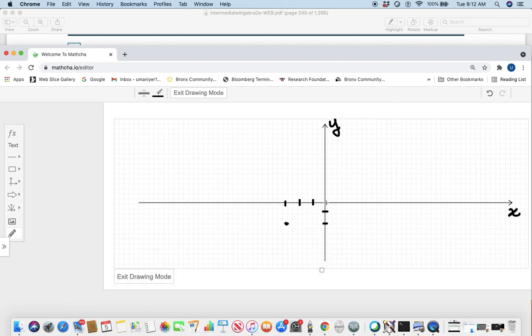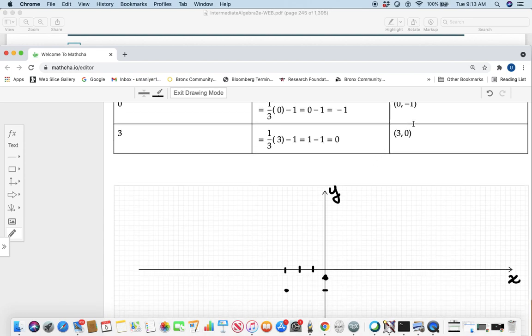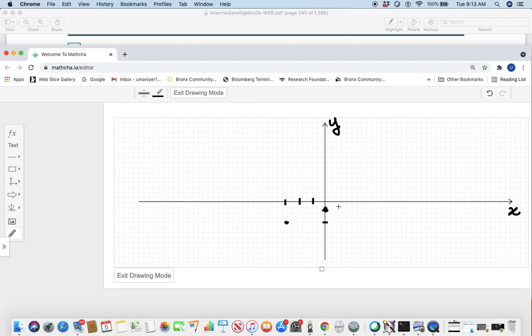So x coordinate is 0, y coordinate is -1. That's your second point. The third point is 3, 0. X coordinate is 3 and y coordinate is 0. So you are not going up or down. You just stay put there. So those are the 3 points which give you a well-defined line.